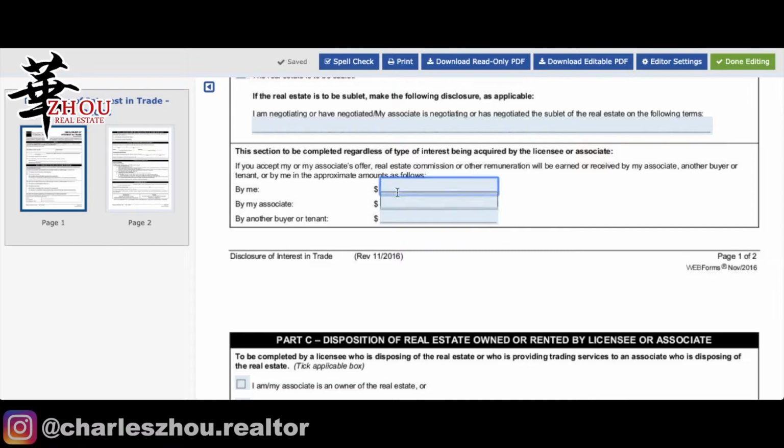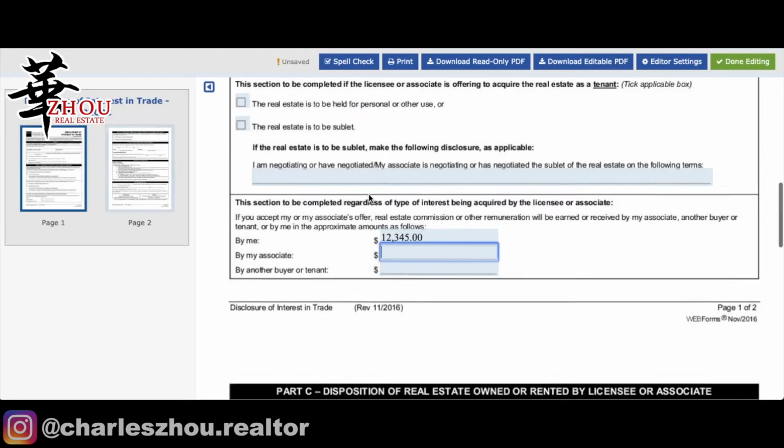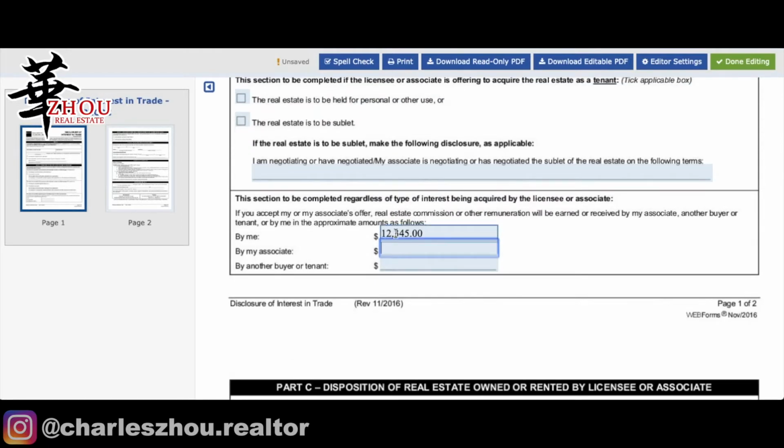If you accept my or my associate's offer, real estate commission or other remuneration will be earned or received by my associate, another buyer or tenant, or by me in the approximate amount as follows. So it's an approximate amount. So you just put an amount here, and that's the approximate amount that you're getting from this deal. You can use your offer price to calculate.